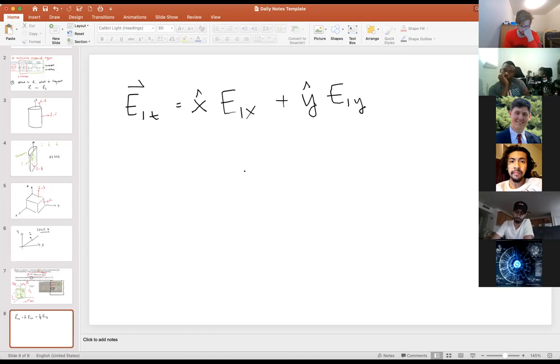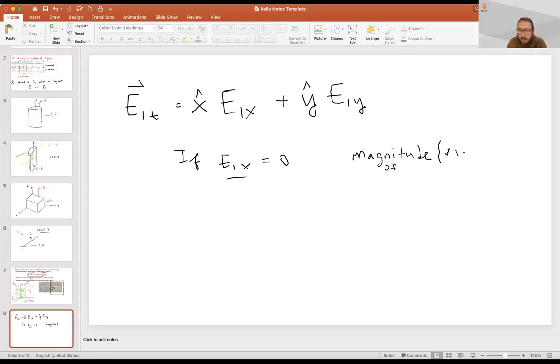So sometimes E1x is equal to 0, and this is a scalar magnitude, so it's a magnitude which is scalar. Also, I apologize that my pen is really sloppy today, so hopefully you can still read it. So in this x direction, it's the magnitude or the scalar of the component.